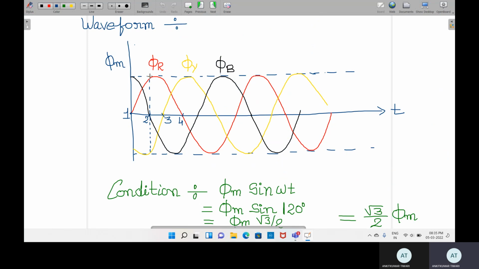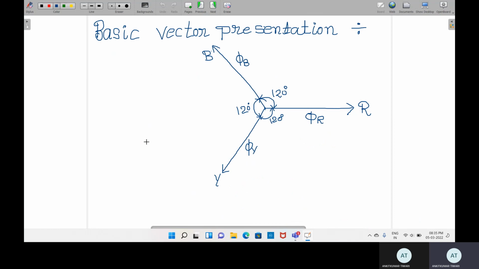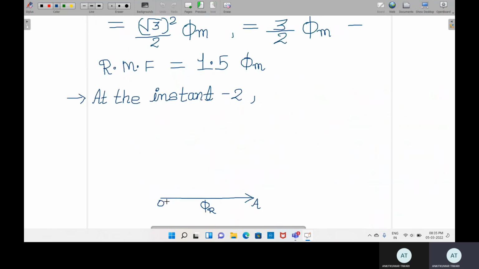Phi r is in the positive half cycle and phi y is still in the negative half cycle, so the actual vector of phi y will be opposite. It is drawn like that.